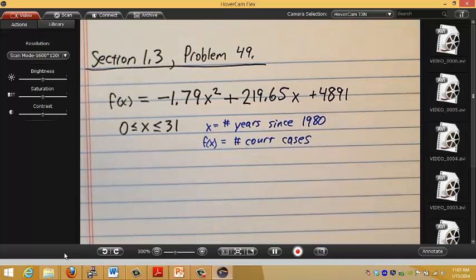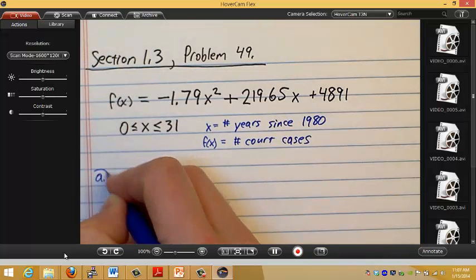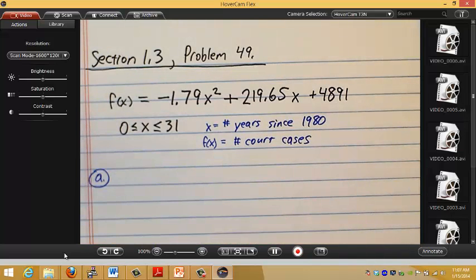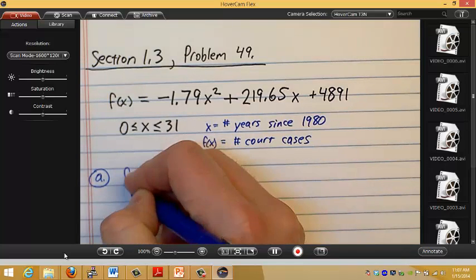Okay. So basically what part A is asking, when it says determine the number of U.S. Supreme Court cases in 1985, I think what they want me to find is f of 5, right?